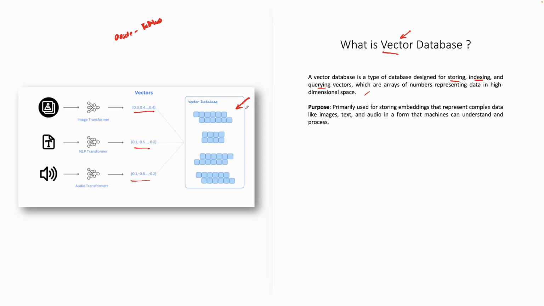So the purpose is that it is primarily used for storing embeddings that represent complex data like images, text, and audio in a form that machines can understand and process. Very simple. I think I told you in the previous lecture as well. That was the whole purpose of embedding, because you were breaking a complex object into a smaller set of sub-objects or features, right?